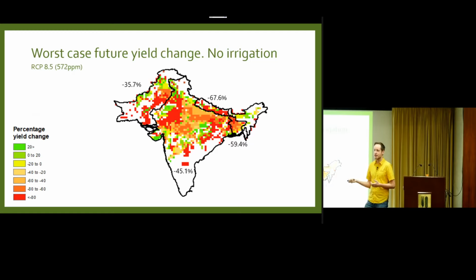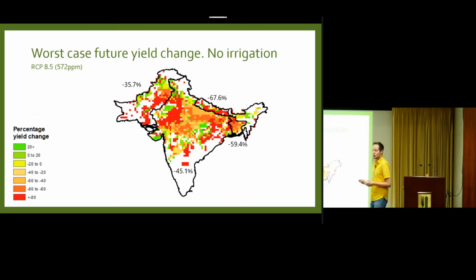This is where in the baseline there is some rain-fed production, but no irrigated production. So that's the green map for rain-fed production that we just saw, which gives these green patches. But overall, the decline in yield is very severe. It's about 50 to 70%, and that's going to be very, very bad.